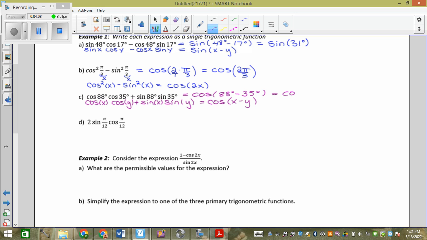Cos 53. This one we have 2 sine pi over 12, cos pi over 12. So we're going to get 2 sine x cos x, which is the same as sine 2x. So we're going to get sine 2 over 1 times pi over 12, which equals sine pi over 6.